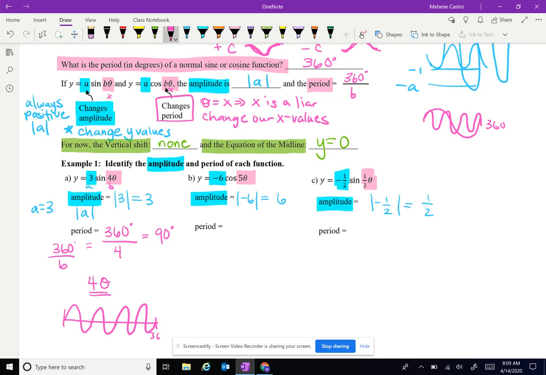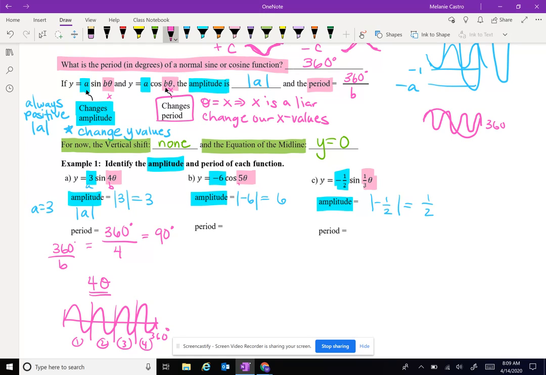My waves are pretty ugly, but you should see 4 of them: 1, 2, 3, and 4 in 360 degrees, where typically you'd only see 1 in that same amount of space.